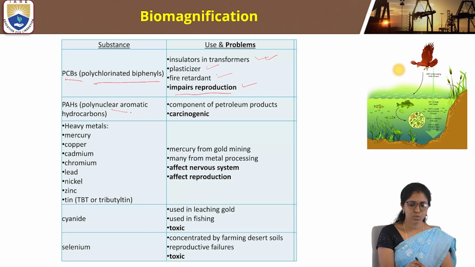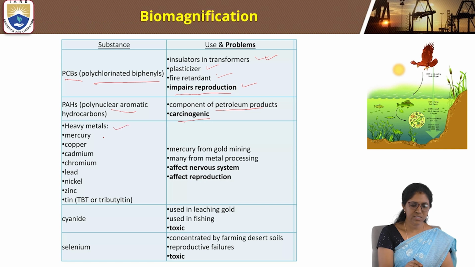Polynuclear aromatic hydrocarbons are contaminants that act as a component of petroleum products, and the problem is they are very carcinogenic.